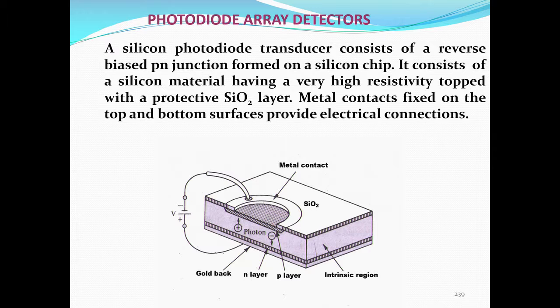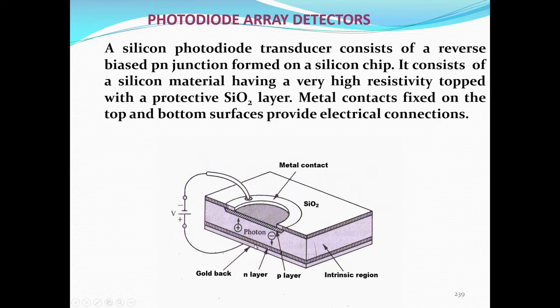Okay. Now, the next advance is the photodiode array detector. Many of the instruments nowadays come with a photodiode array detector because these work at several wavelengths simultaneously. So, how does it work? Here I have shown you a picture.